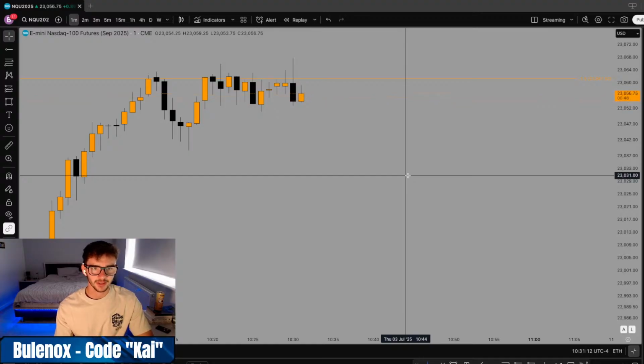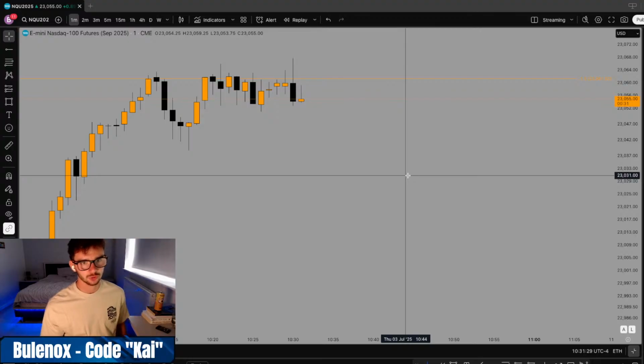I feel like it's got to be something like that. They just have to wait for it to come back into the range. If they were to target into the void where there's no volume, they'd just trail their stop.